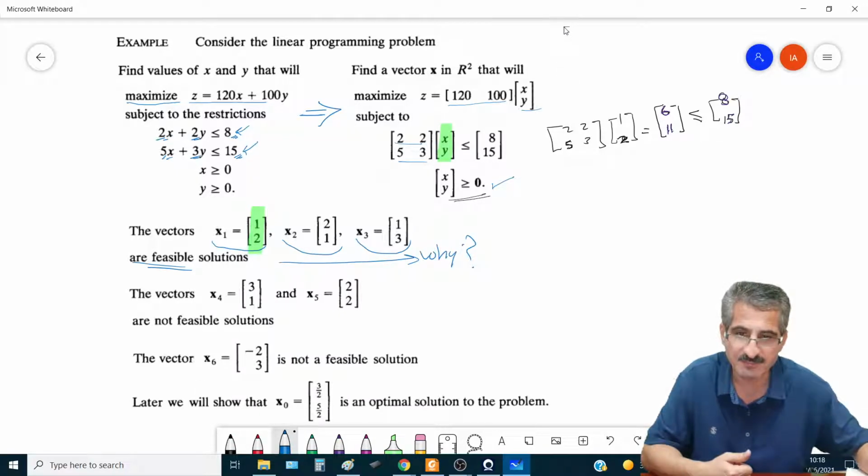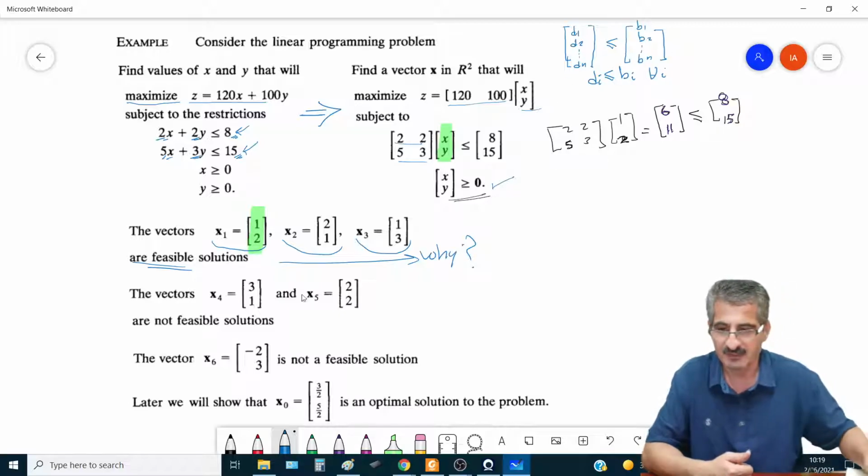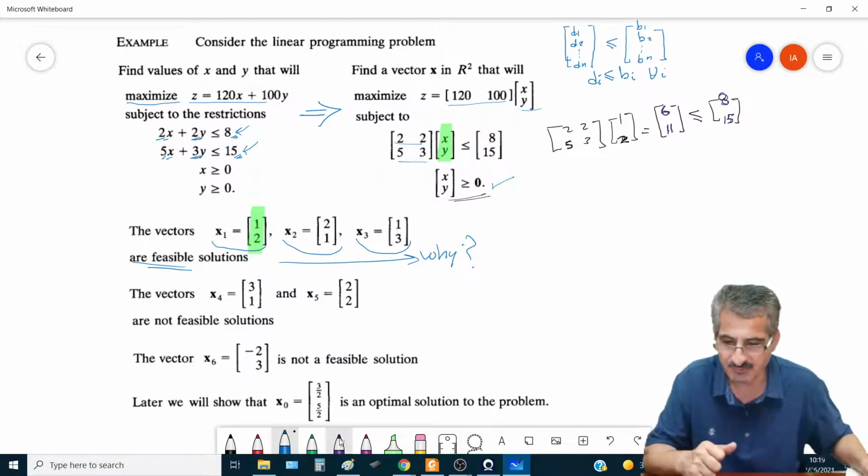For example, d1, d2, all the way to dn being less than or equal to b1, b2, all the way to bn means that di is less than or equal to bi for every i. Okay, so x1 is a feasible solution.